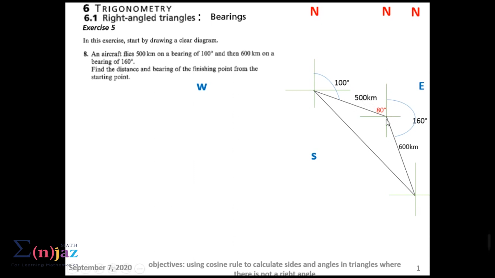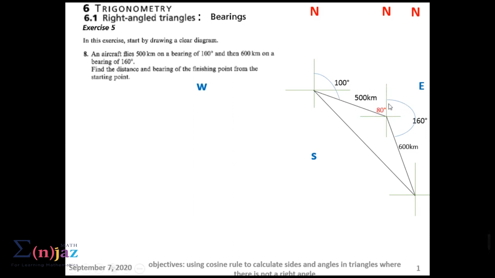As you can see, north and north are parallel, and the 500 crosses both parallel lines. And as you can see here, I have this U shape, and the 180, we call them co-interior angles. Co-interior angles are not equal. They add up to 180 degrees.